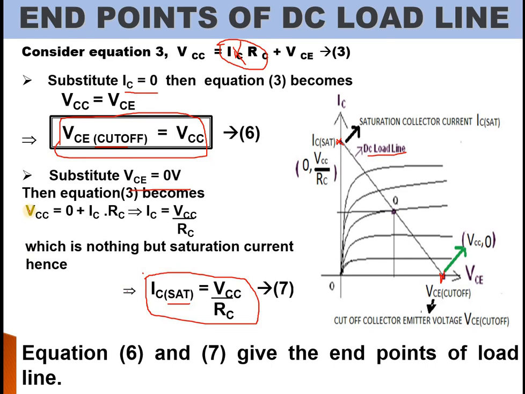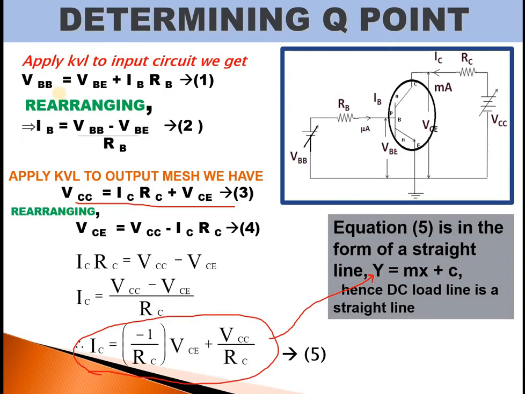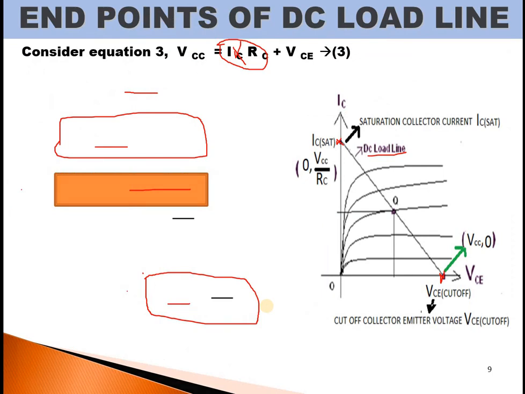Once again, I'll just revise this. First step, I applied KVL to the input circuit and I obtained IB. Second step, I applied KVL to the output mesh and I proved, by rearranging, that IC is in the form of mx plus c, that means the DC load line is a straight line.